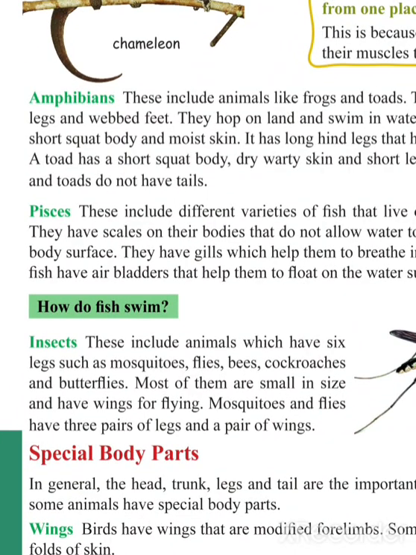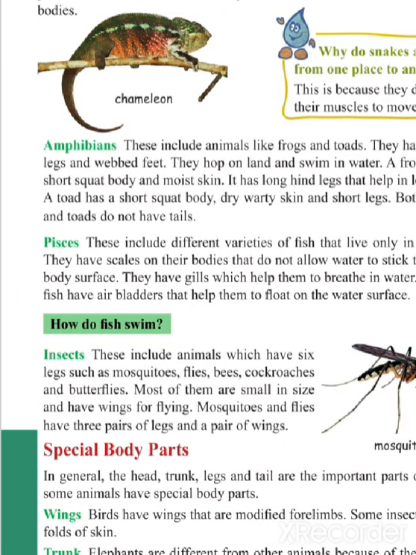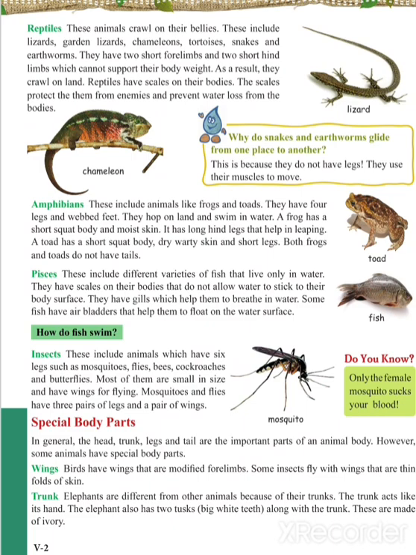Now, every animal is different from one another. As we have seen, every animal has different types of body parts developed in them. Like wings are there, trunk is there, scales are there, or hair. Now, first one is wings.